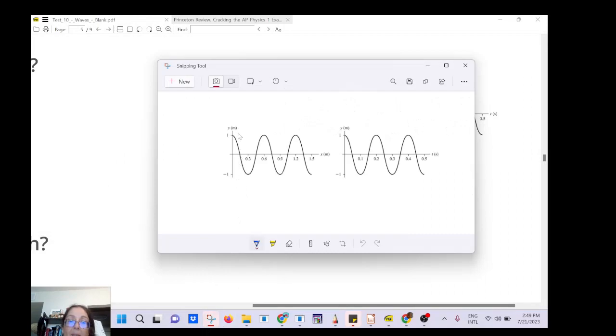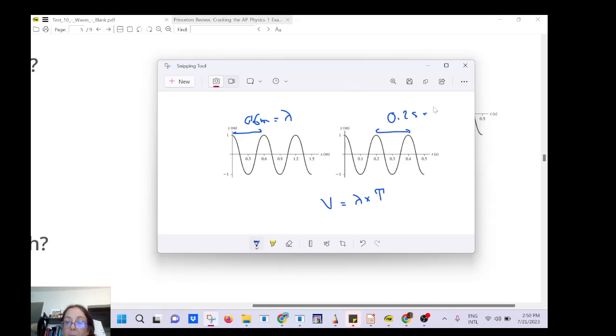In that case, the distance between here and there is going to be 0.6 meters. So that's going to be the wavelength. And the distance here in the time domain is 0.2 seconds, 0.2 seconds, okay?